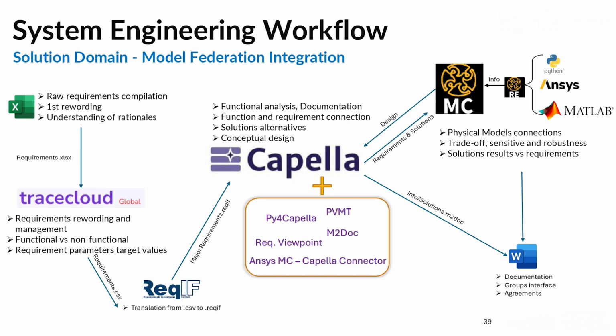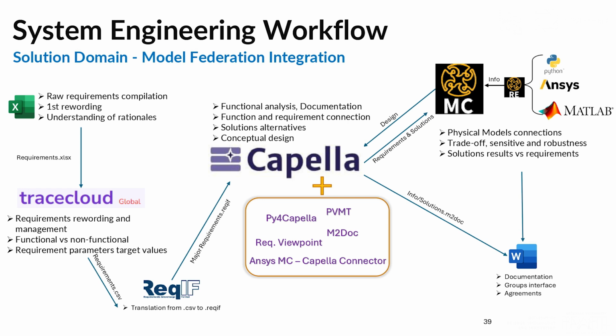Then we get things written in a better way, and we move on to Trace Cloud. And on Trace Cloud, we get all the logic, all the correlations, top level, low level requirements. Then when we have this structure and we are satisfied with it, we use RecIF as a converter for us to input our requirements into Capella.